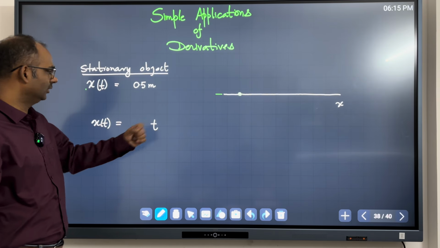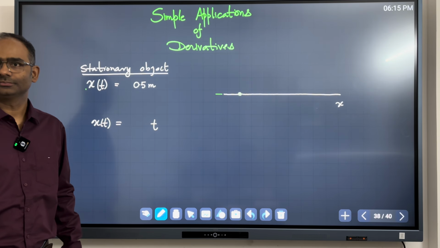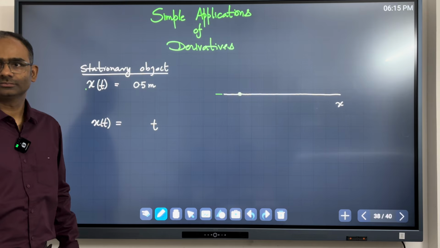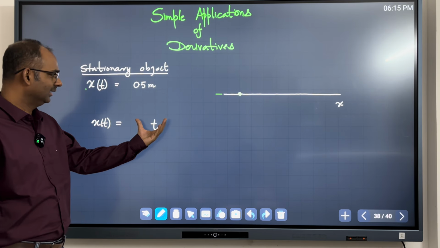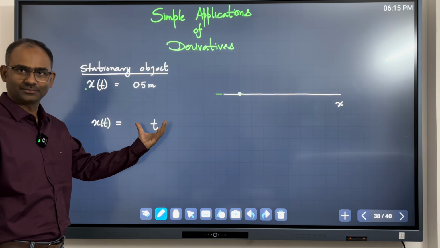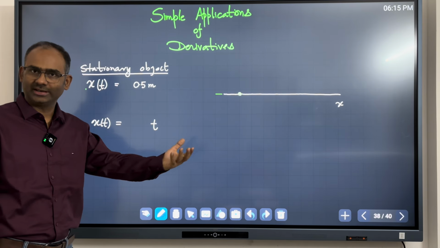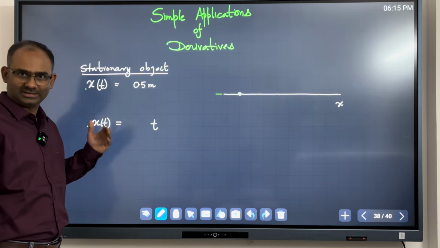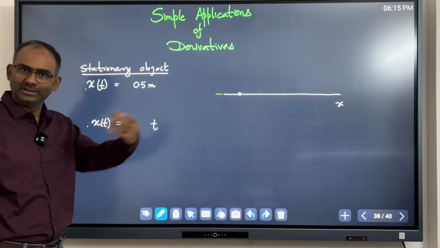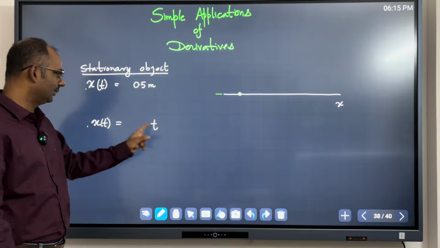So x of t is equal to t. Is this fine? It's not fine, because here t has dimensions of time. So you will say, okay, 2 seconds, 3 seconds. But the left hand side is length, it's the position. It has dimensions of length, 3 meters away, 2 meters away. So this is not dimensionally meaningful.